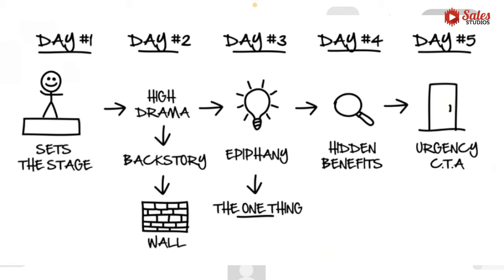All right, so let's go to day number 4. Day number 4, we've got the hidden benefits. The hidden benefits is something that happened that you were not expecting. So by using X, something happened.